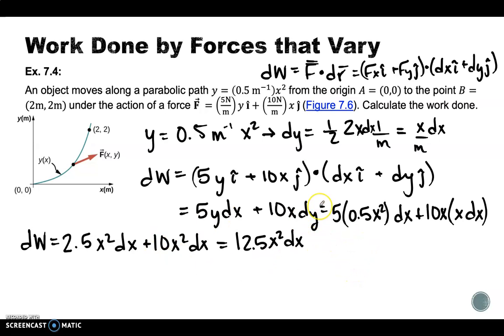So this is our derivative of the work. If we want to take our integral, that is the next step here. So now the work from a to b will be the integral. Again, it's the same as the integral here. So we'll just have to take the integral from a to b, which is (0, 0) to (2, 2).